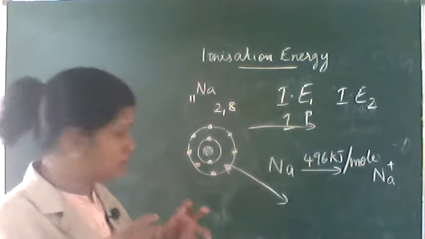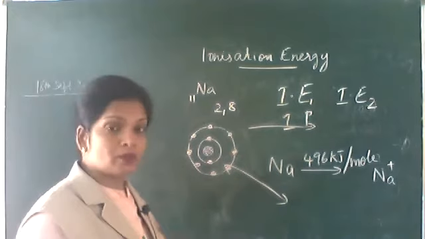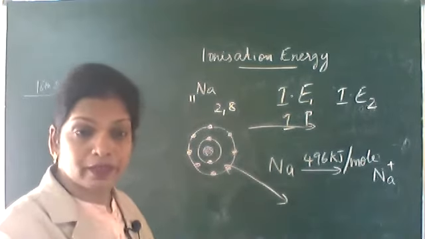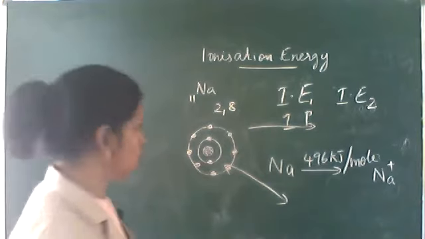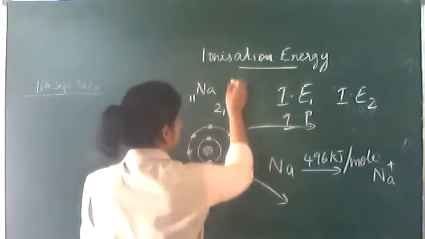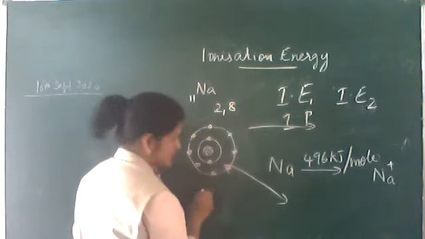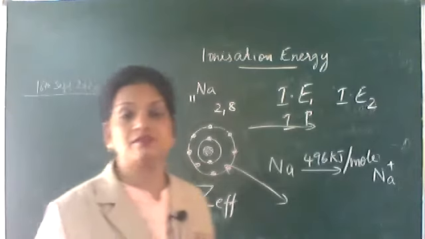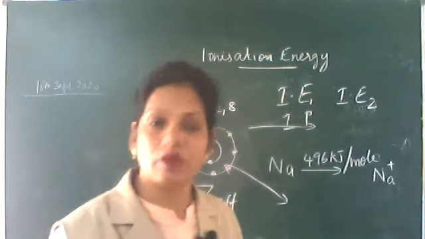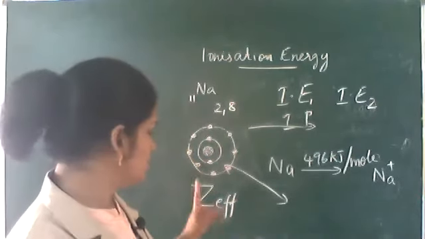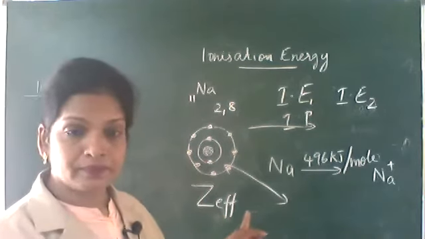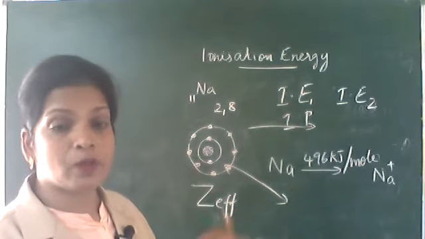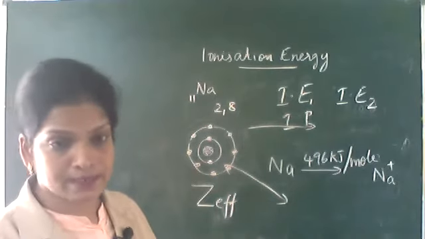Force of attraction on this electron by the nucleus is high due to the higher effective nuclear charge. Effective nuclear charge we write as Z effective. Z effective increases after the removal of one electron. To remove the second electron, very high amount of energy is required, because Z effective increases.